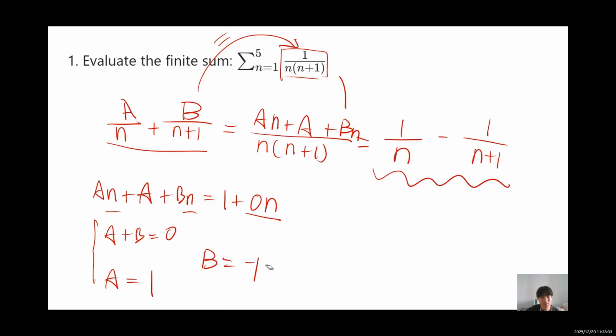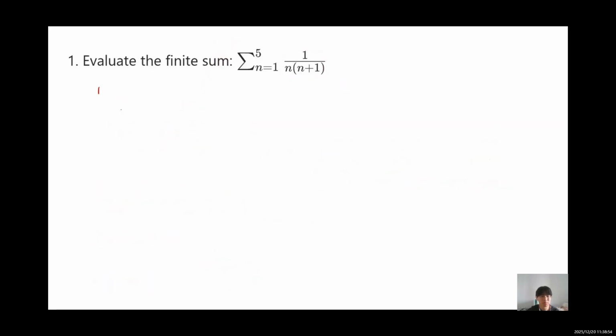So why do we need this? What can it do? Or let's say, can it make our calculation easier? It is 1 over n minus 1 over n plus 1. Let's plug in. We don't know what to do, so we just plug in.